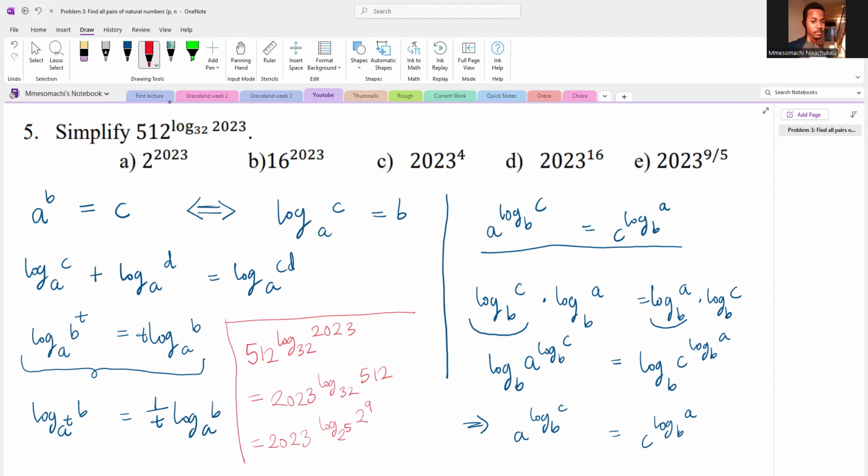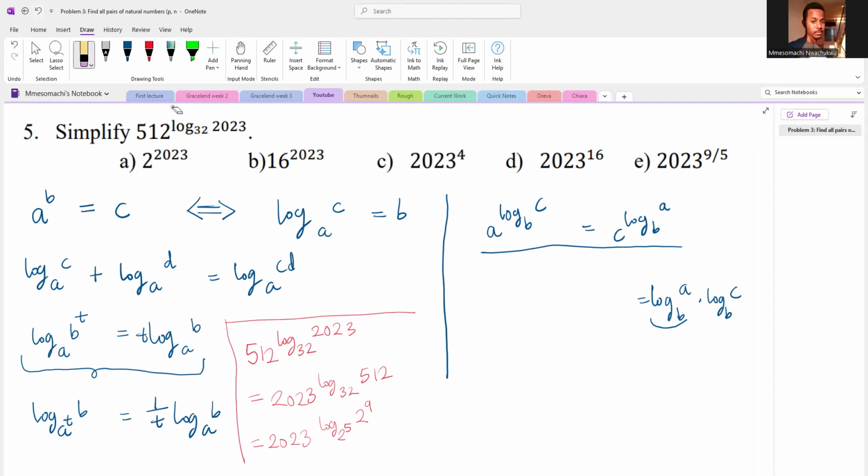Okay, so let me erase some of these things I proved here. We've already proven this statement, so I'll just erase this. Stay with me, we're almost done. Basically, this is now equal to 2023 to the power of... recall, when the power is in the base, we can bring it out as 1/5.